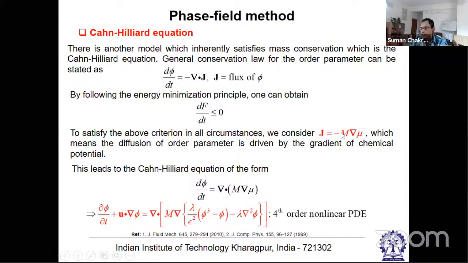And just like diffusion is related to mass transfer, the mobility parameter m, which is again a mathematical parameter, is not a physical property, it is related to the transport of the parameter phi. So if you substitute the expression for mu, this is the equation that you get, which is called the Cahn-Hilliard equation.